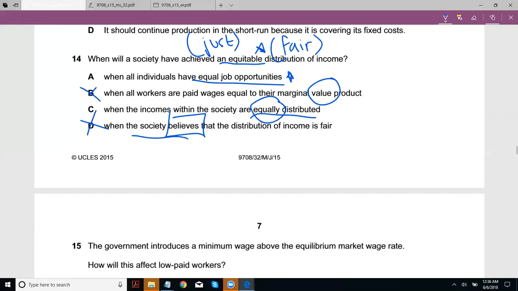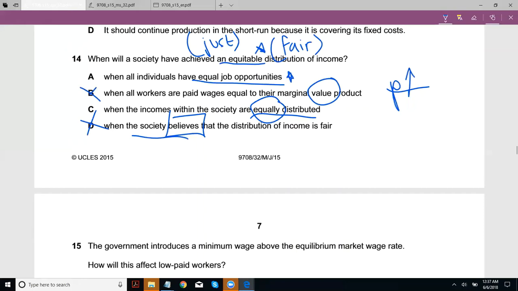When all workers are paid wages equal to the marginal value product, even if you consider it to be MRP. If people are being paid according to their marginal revenue product, then if you're working in an industry that sells something inelastic, let's say tobacco, and I'm not sure about the price of tobacco, but let's assume the industry has really high prices for the product because it's inelastic, then your MRP would be higher even though you haven't worked that much.